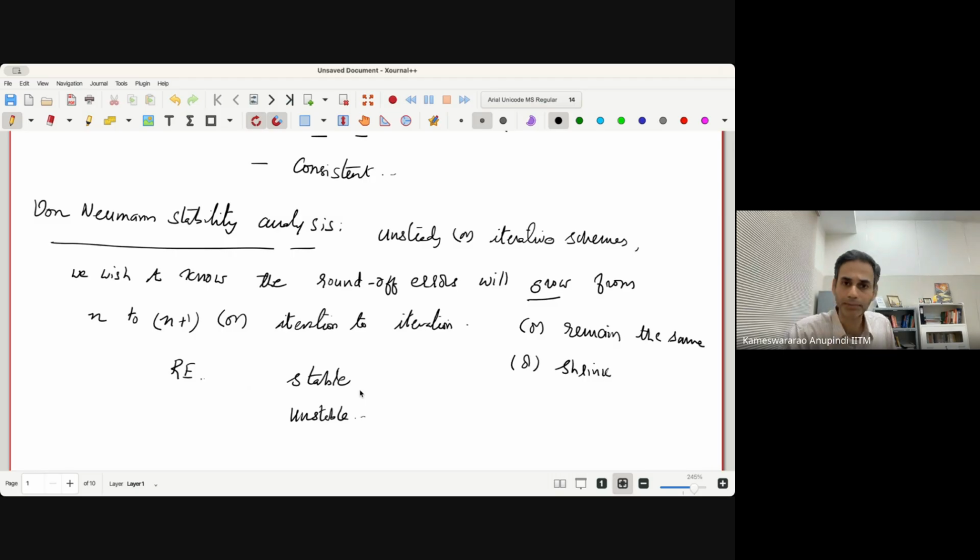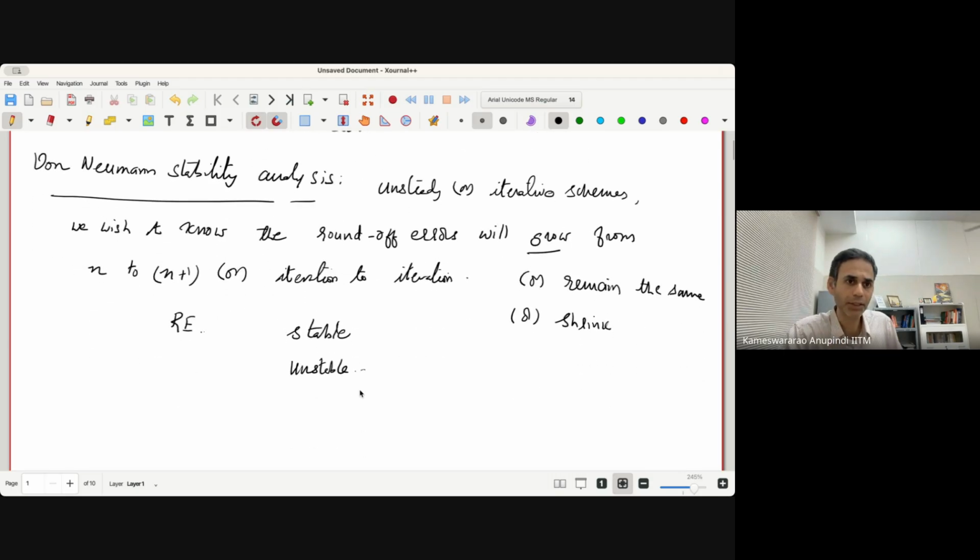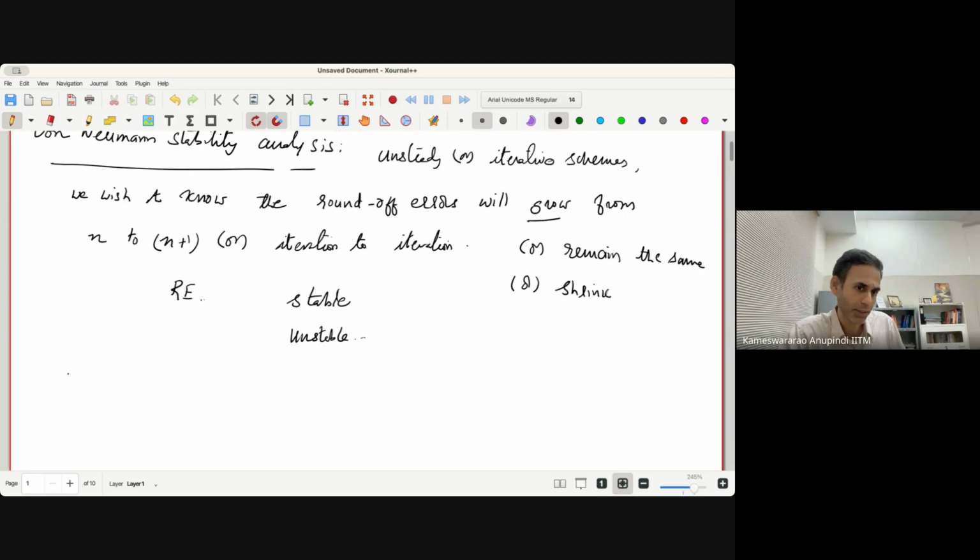that is required. Okay, so the stability analysis is due to von Neumann, and it is applicable for simple one-dimensional and linear partial differential equations. As you can see, it is only applicable for simple one-dimensional linear partial differential equations.